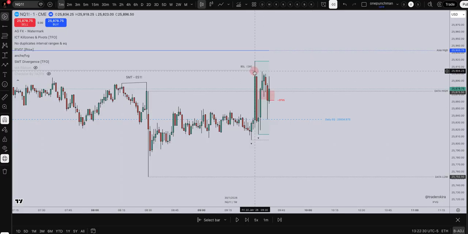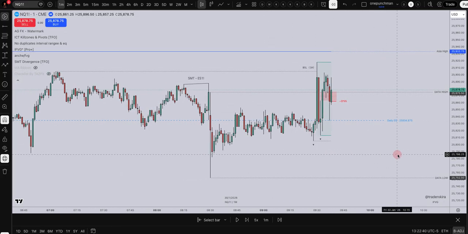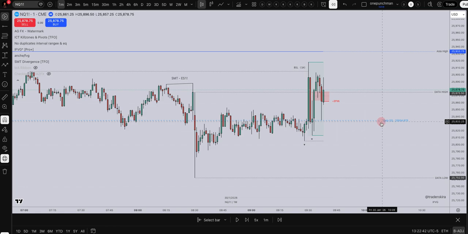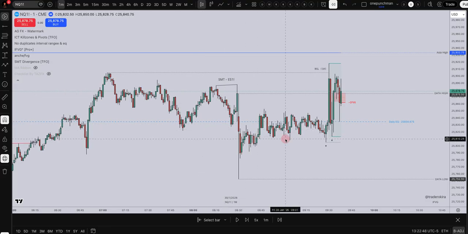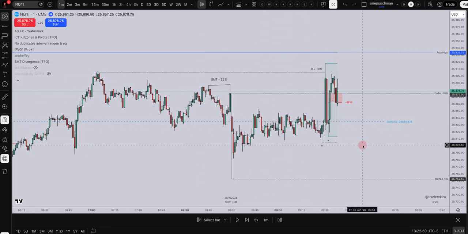So even though I know price swept this hourly high and then it's printed a lower high, and now we have a beautiful IFEG here, the thing that you've got to remember is this daily EQ has been holding support and resistance too well today. Okay?